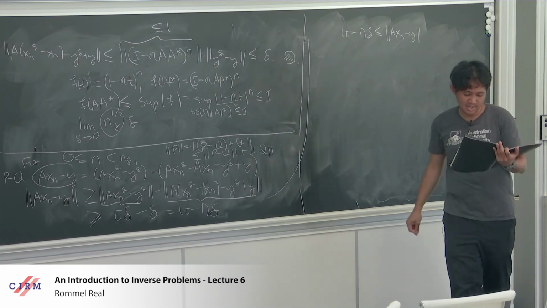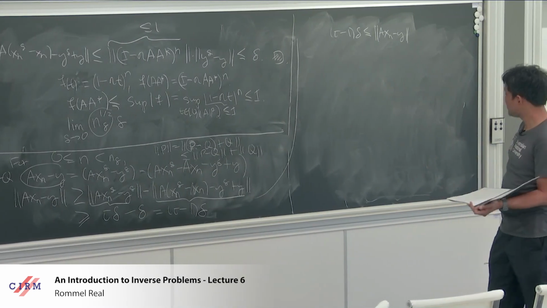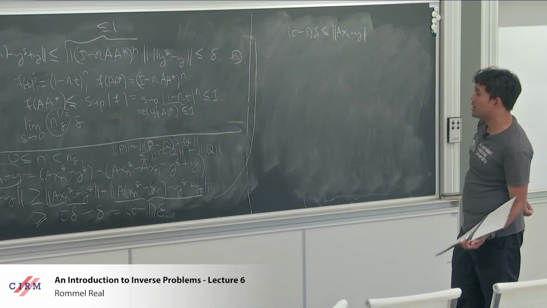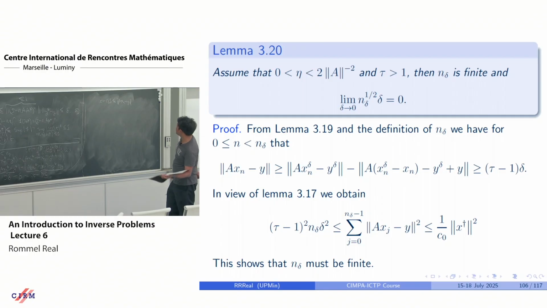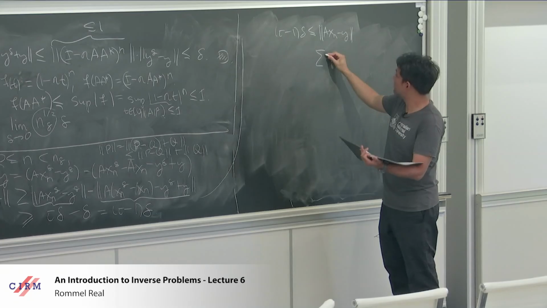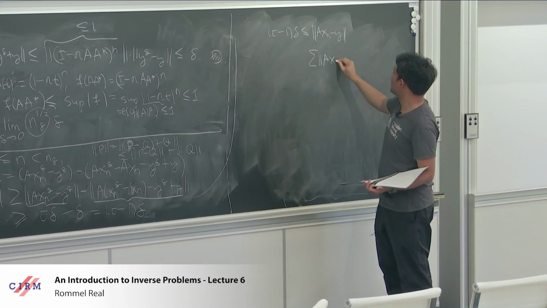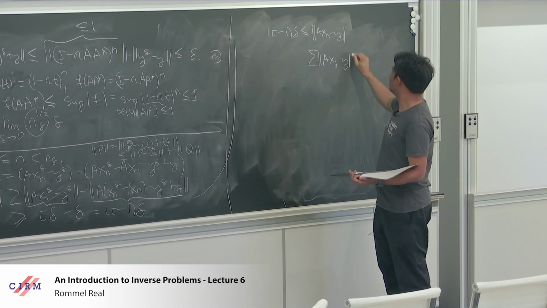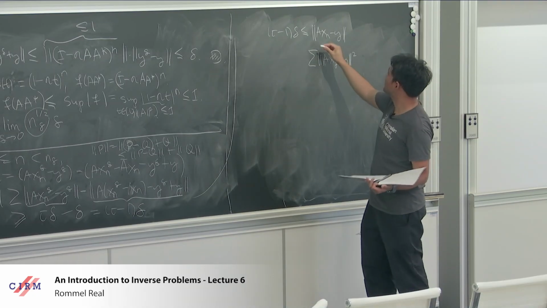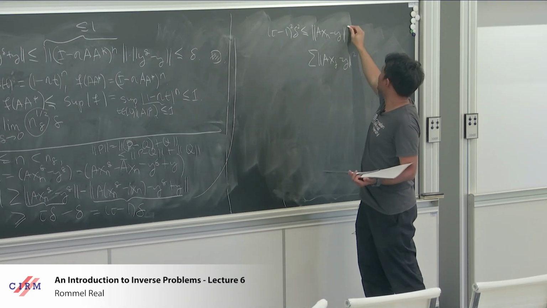And then we can take the sum from n equals 0 to n delta minus 1, so we'll have something like this. The summation of, now let me just use j, the square here. So square, square, square.